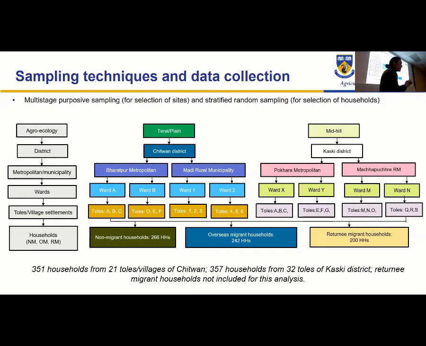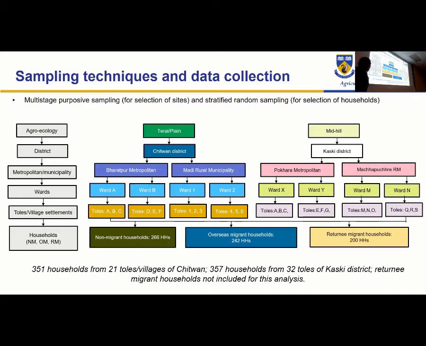And then from each of these selected districts, we selected a metropolitan or municipality. While selecting this, we selected one metropolitan that is close to the district headquarters, and the next one is a rural municipality that is located farther away from the district headquarters.